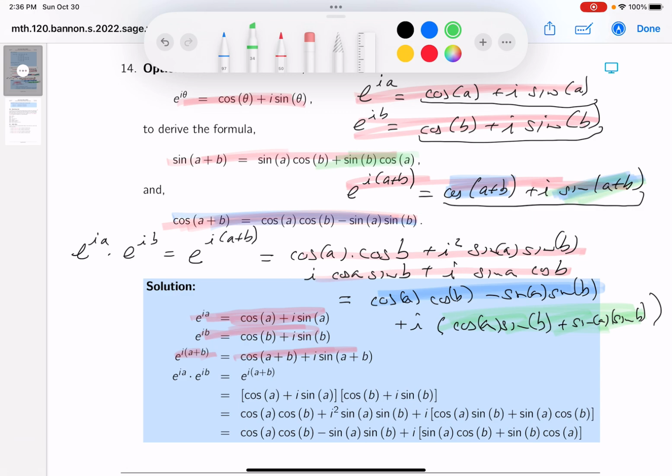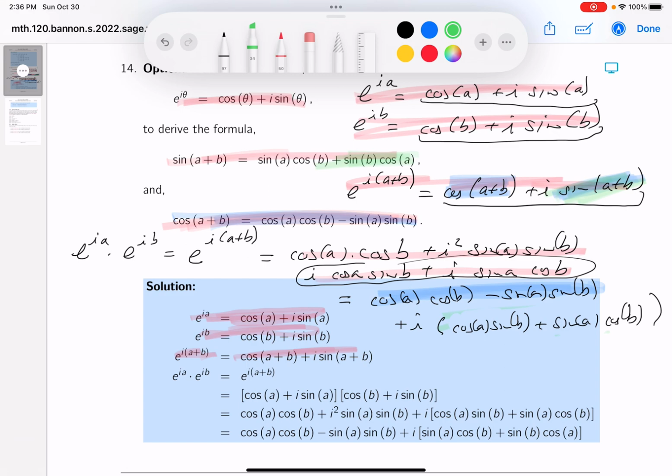Oh, I copied something wrong here. That's why it looks strange. I got to correct this. Sorry about that. It's going to be corrected right now, all right? I'm not sure how that happened. I just copied wrong. Let me write it down again. So cosine A sine B plus sine A cosine B. Again, I'm just copying it from over here, by the way.